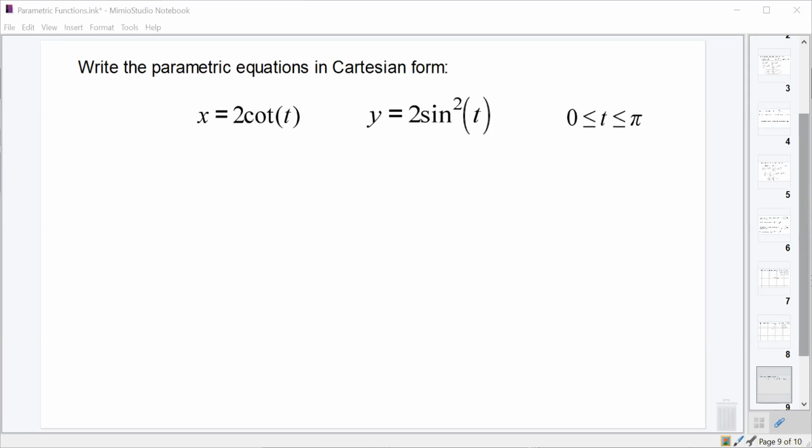So see if you can get this one to be a nice Cartesian form here.